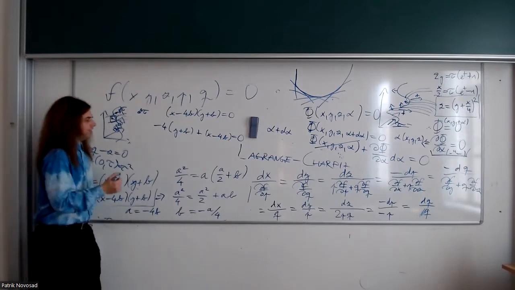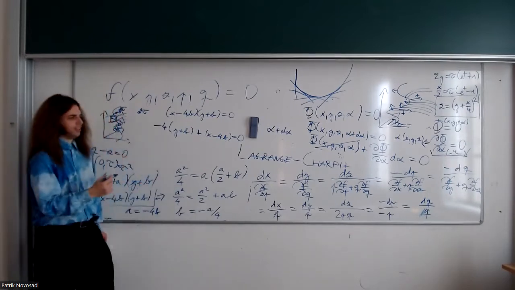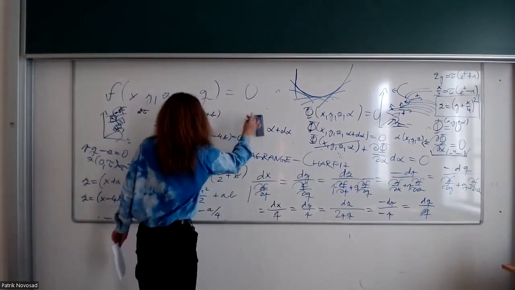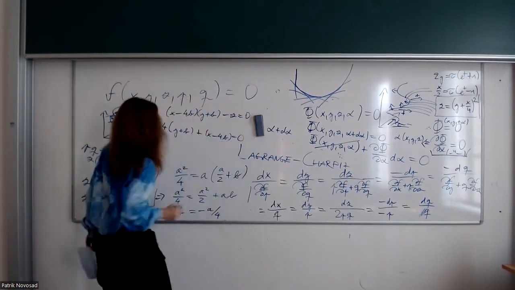And now it's easy just to get rid of that parameter b. Oh, I'm sorry, I want the 0 in here as well.